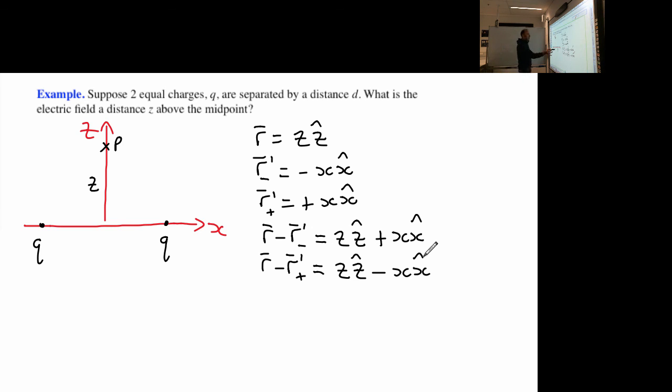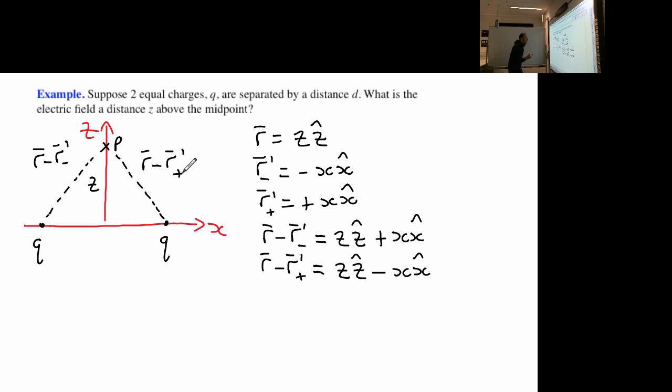And just to show you where these are on our schematic, this one here is our r minus r prime negative, and this other one here is r minus r prime positive.